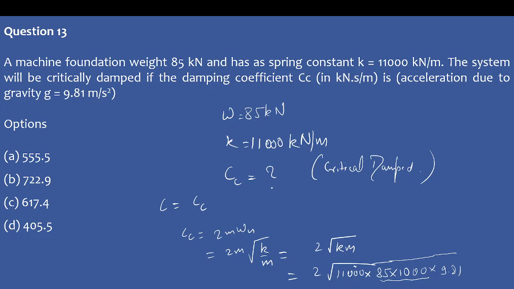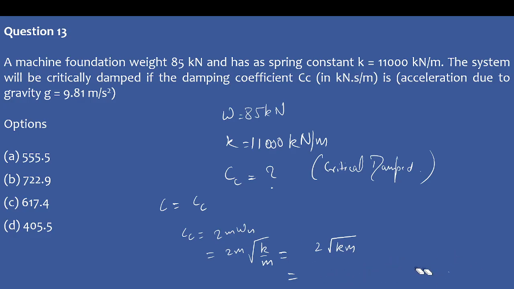Did you take the root of this? Yes, sir. So Cc is 11,000 equals 2m omega n. It has been asked in kilonewton second per meter only, so you don't need to convert it.